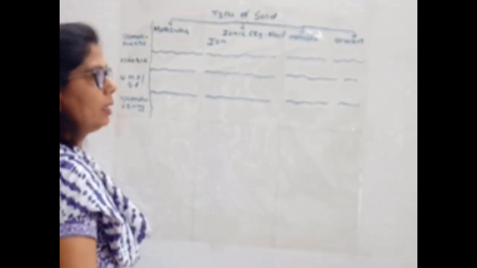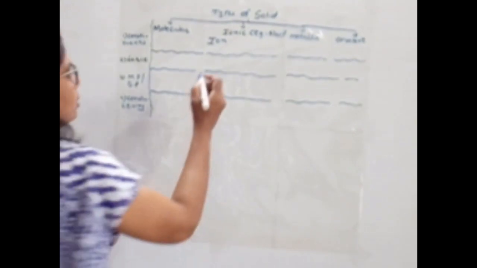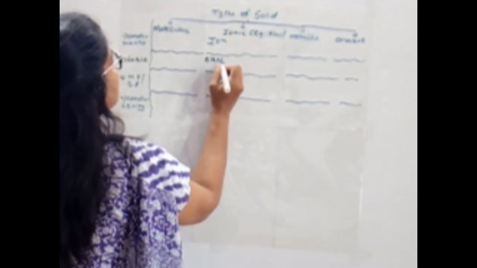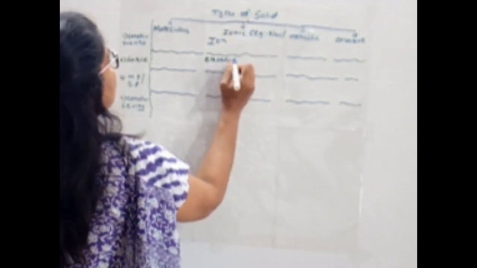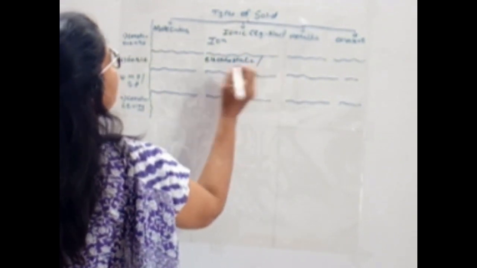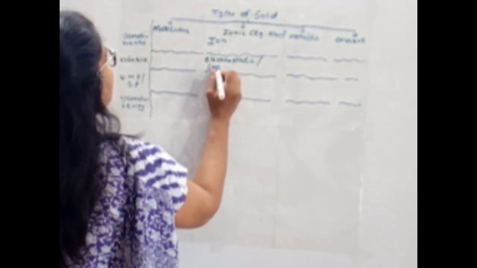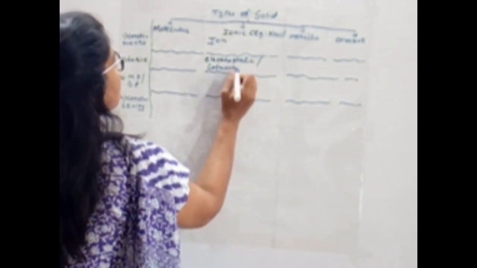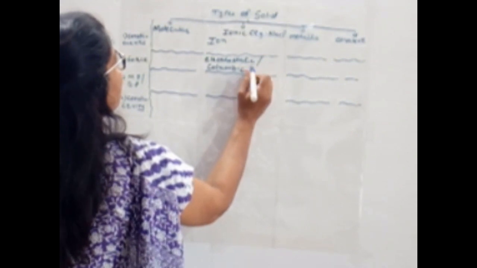Now the force of attraction. The constituent particles are ions, and here the force of attraction is the electrostatic force, or we can say the Coulombic force.